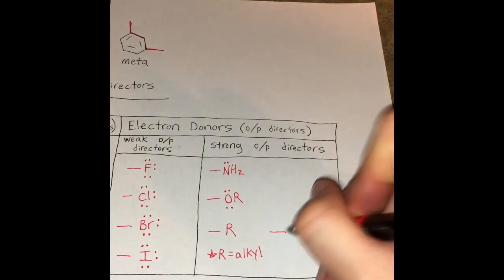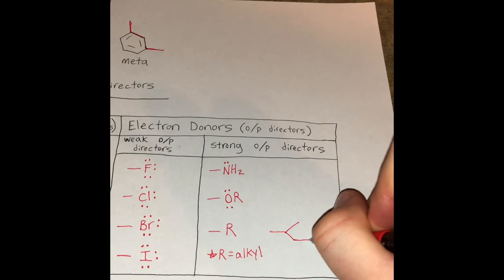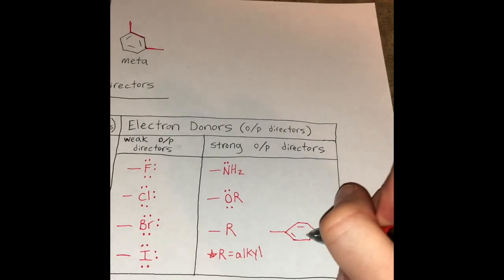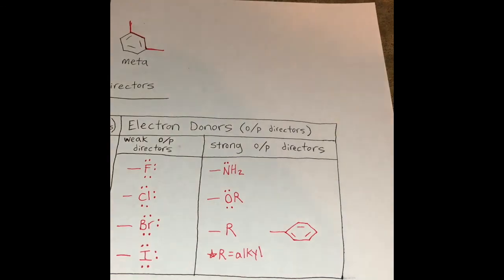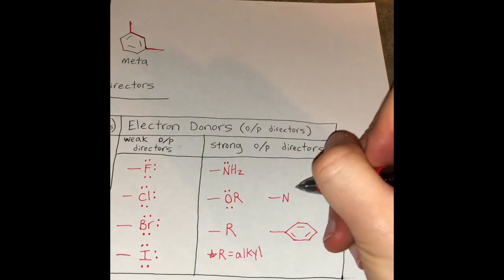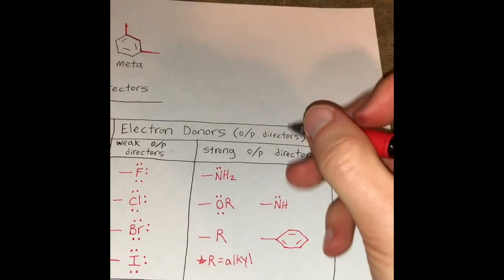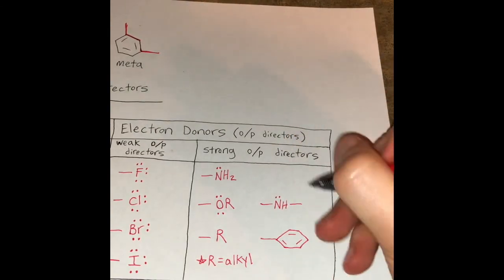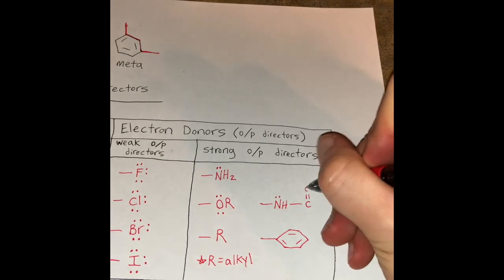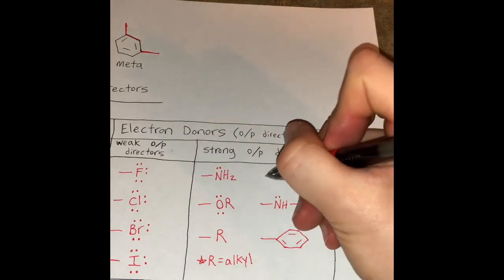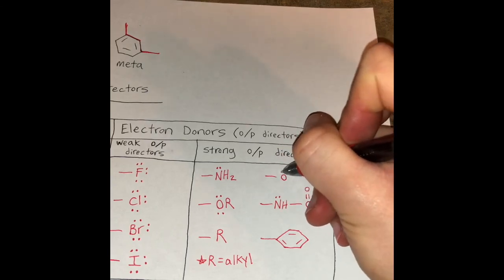You could have another benzene. You could have NH bonded to the carbonyl with an R group. And finally, an OH.